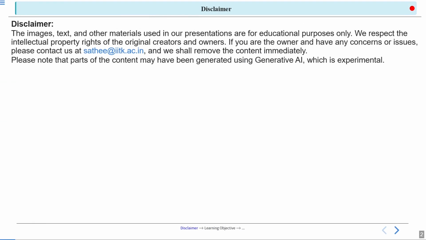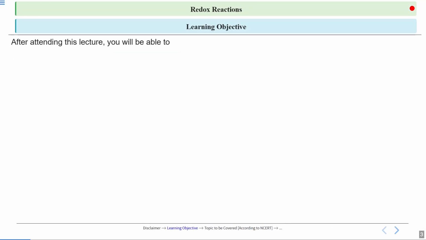Here you can see the disclaimer that is displayed over your screen. Learning objective, that means what you will be able to understand after completion of this particular lecture.